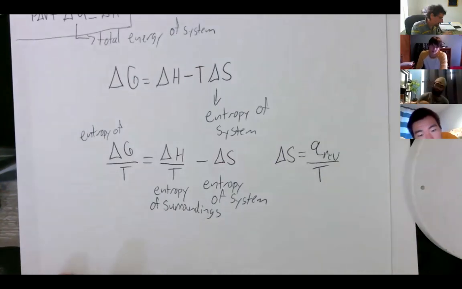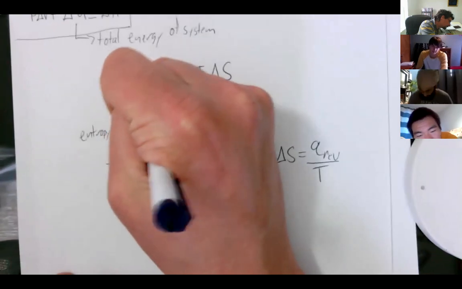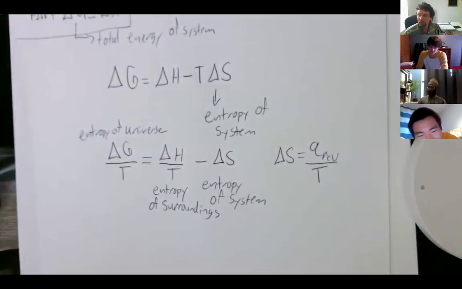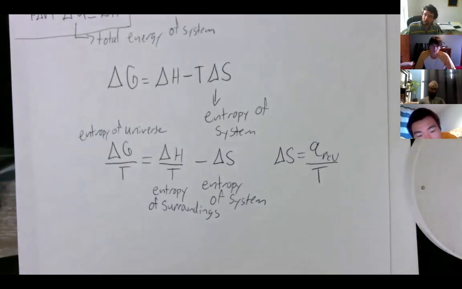Yeah, it's the entropy of the universe. So what we're really looking at is a way to measure the entropy of the universe. We're seeing if the entropy is increasing or decreasing, which is pretty cool to check out.